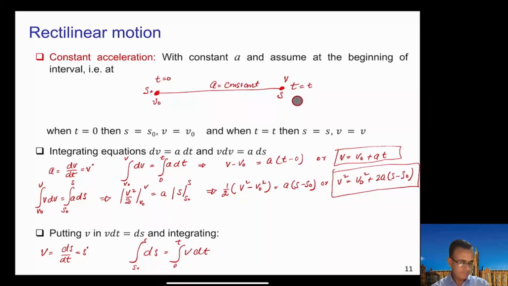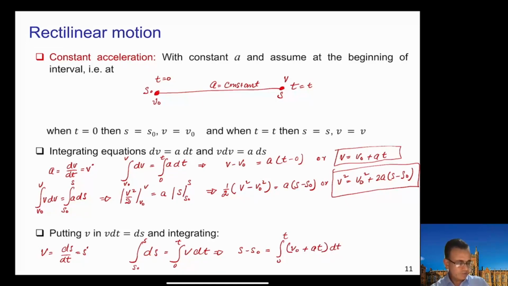If you put the values here, on the left hand side you can see s minus s0. On the right hand side you will have the integral from 0 to t, and you can put in the value for the velocity, which is v naught plus a t, times dt.